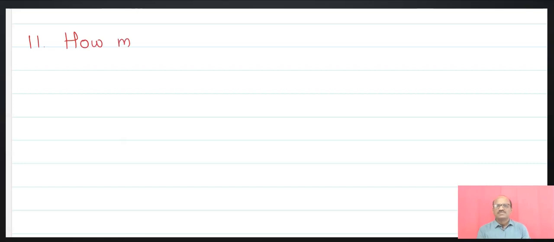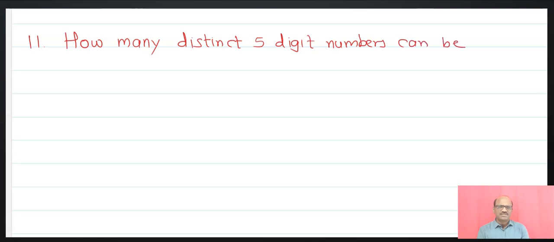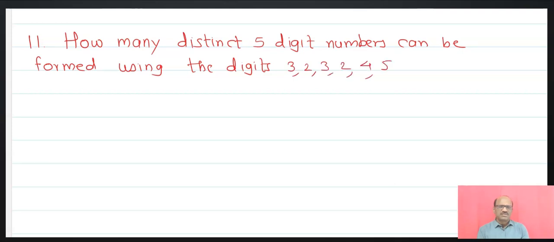Question number 11. How many distinct 5-digit numbers can be formed using the digits 2, 3, 2, 3, 2, 4, 5?